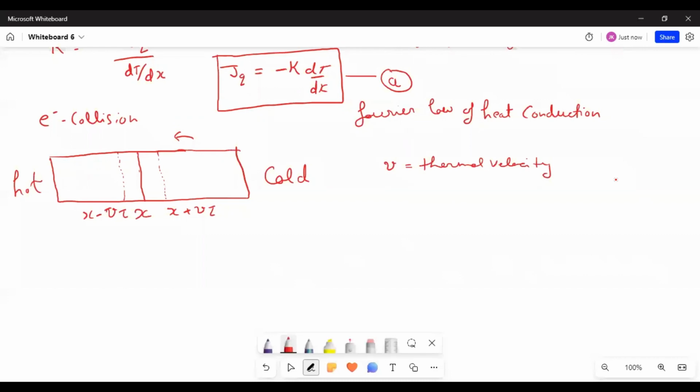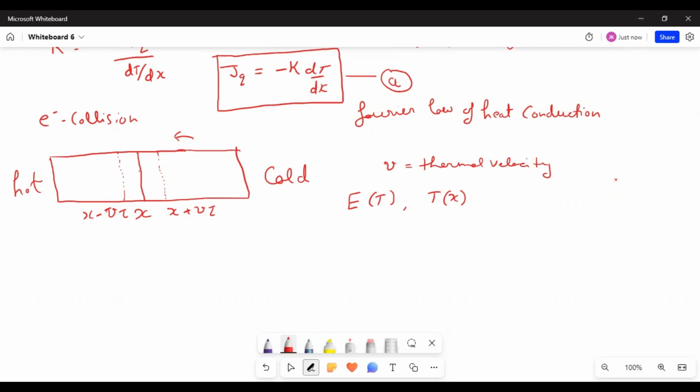v tau. Right. Now, the energy that is being transferred is a function of temperature, of course, and this temperature is actually a function of distance, because it goes from the hot end to the cold end. So as x is changing, the temperature is also changing, and as the temperature is changing, energy is also changing.